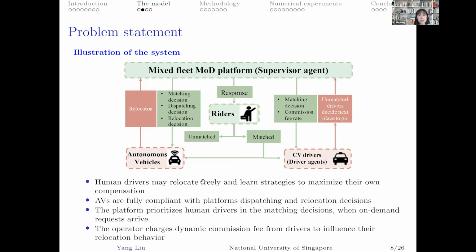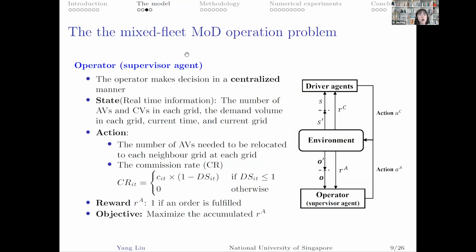First of all, from the perspective of the operator, the operator acts as a supervisor agent who makes decisions in a centralized manner, given real-time information about the state.